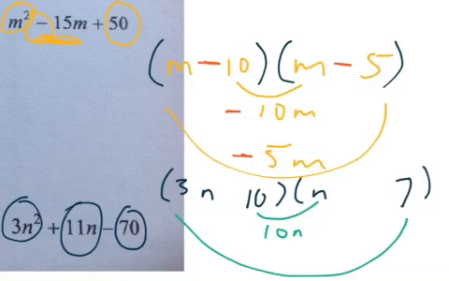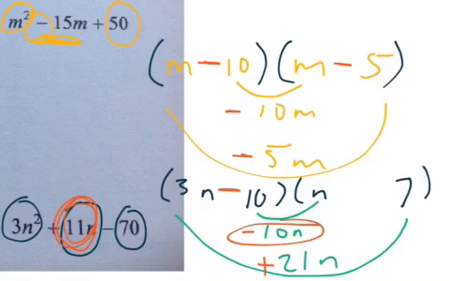I know 7 times 3 is 21n. So notice I can now get 11n, because if I do a positive 21 minus 10, I do get that 11n. So therefore I'm going to put a minus there, so I get my minus 10 in, and I'm going to put a plus there to get my plus 21 in. And so guys, that is how you factor.